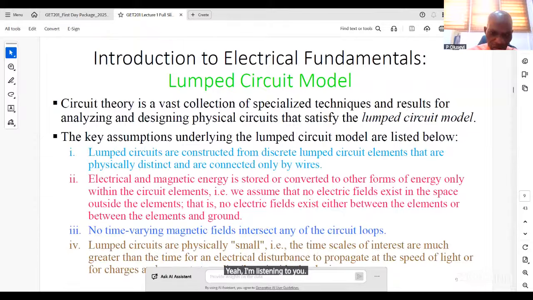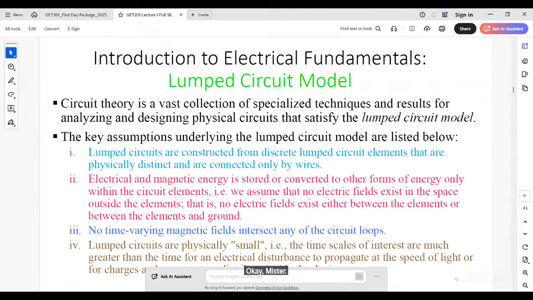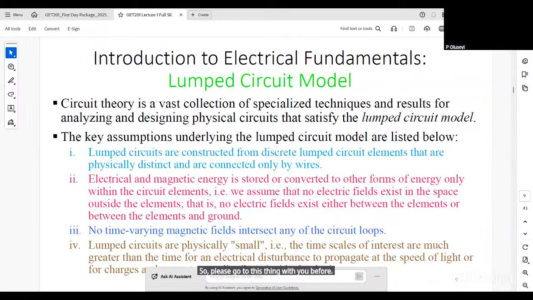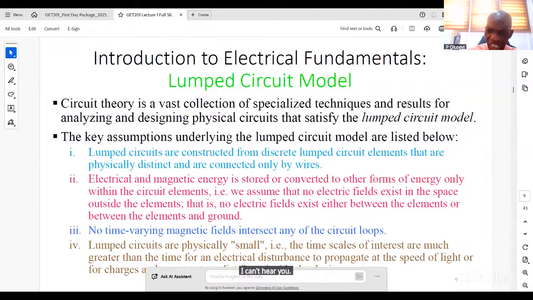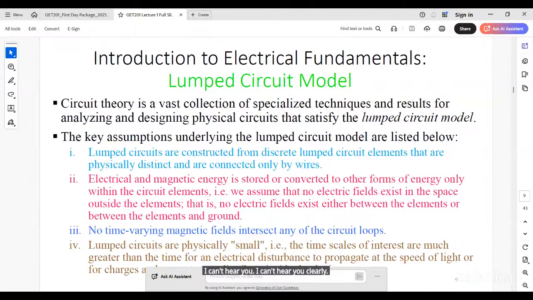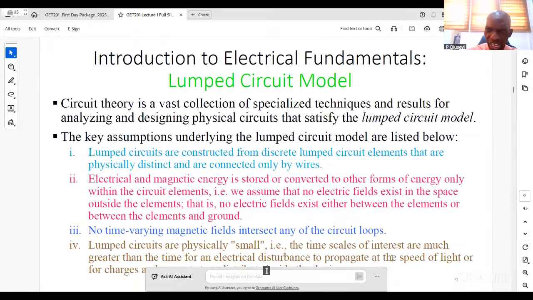Sir, if you want to go through this course again, maybe for just reading purposes, I can't hear you clearly. If you want to read for exam or test, what will you do when you say you're not dropping PDF or any lecture like that? I can't hear you. Speak louder. Get closer to your mic.